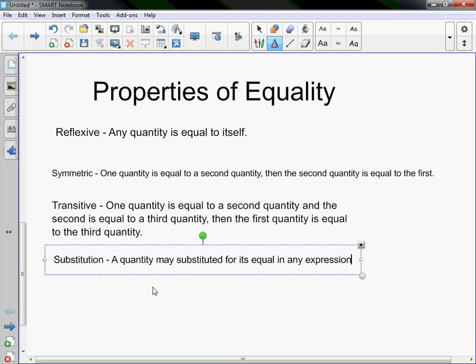Okay, so those are the four properties of equality in words, and now let's look at a couple examples to go along with those.